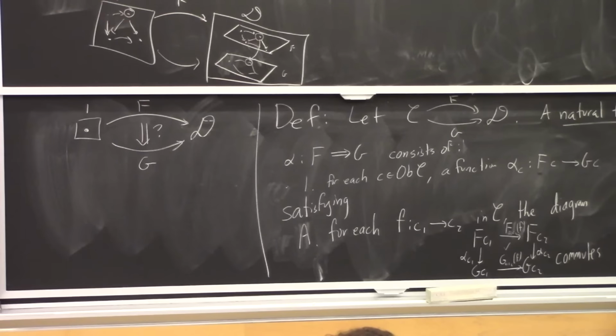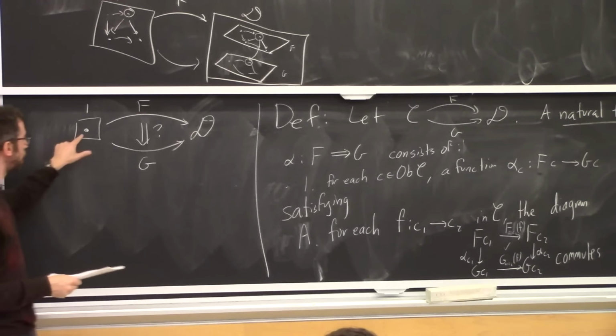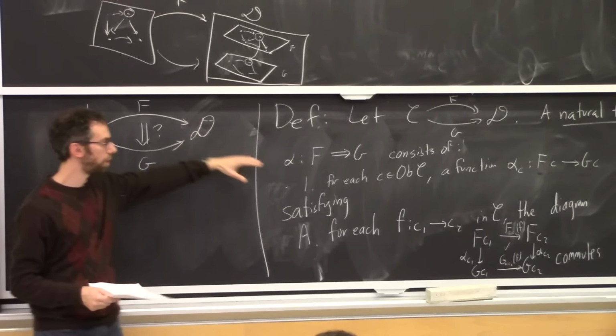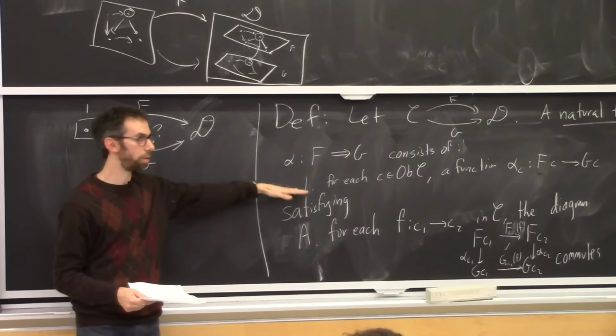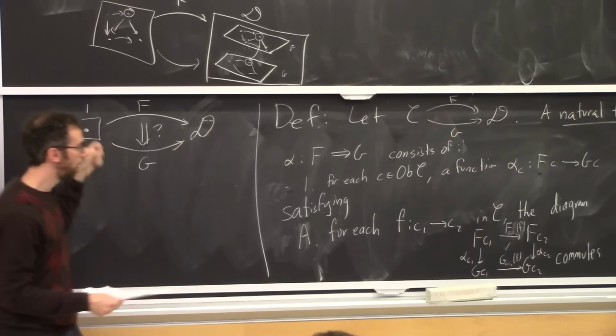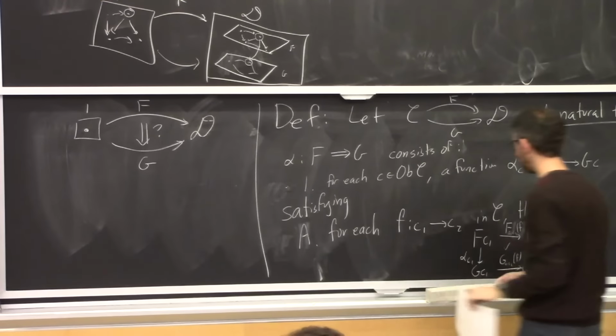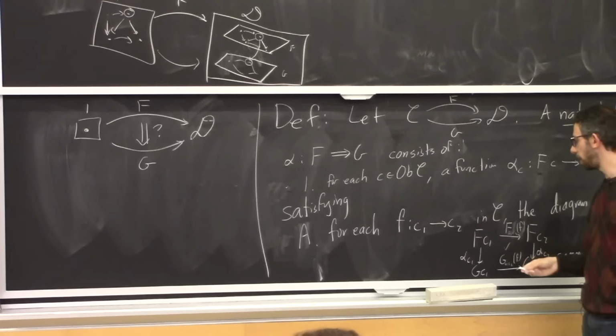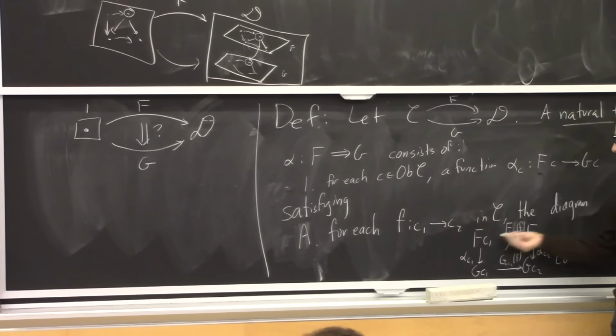Any ideas? It's just a morphism, because for this object, I need a morphism. That's what this says. There's only one object to use. And for every morphism, I need to check this thing. But the only morphism in one is the identity. So suppose I have identity on top and identity on bottom, and I just have alpha c in both places.